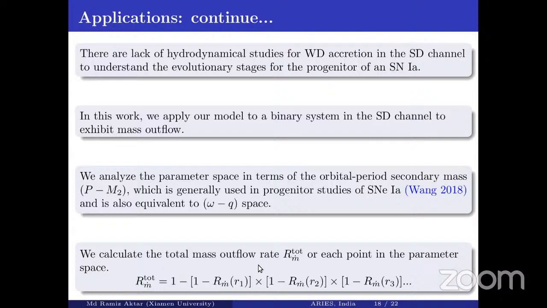We also calculate the total mass outflow rate from the model at every point in the parameter space using this relation, where this Ṁ is calculated at position R, this is position R2, this is position R3. So we can calculate the total Ṁ using this relation.